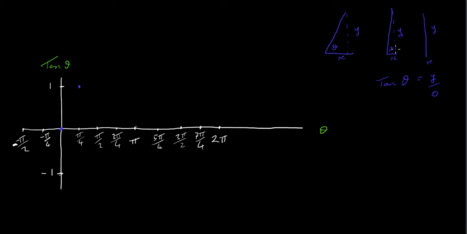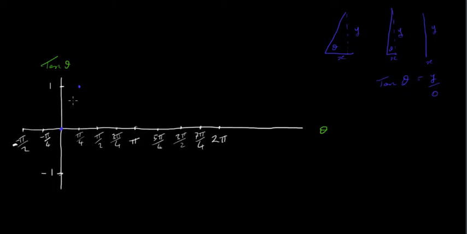If I increase theta to 90 degrees, so straight up here, or pi over 2, y is very big, and x has become 0. So the tan of 90 degrees would be y over 0. You can't divide by 0, it's undefined.